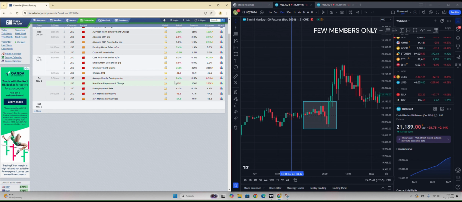If this number was a green number, that means the chart would have gone up because that's good, but it went down. Which sucks, because that means that people are not being employed, and that's not good for the economy.